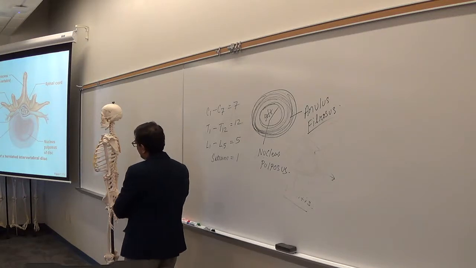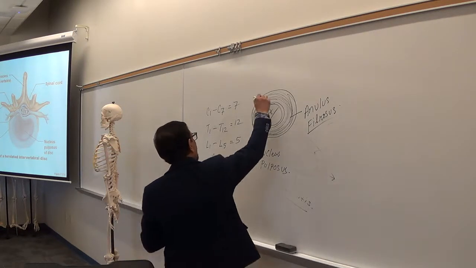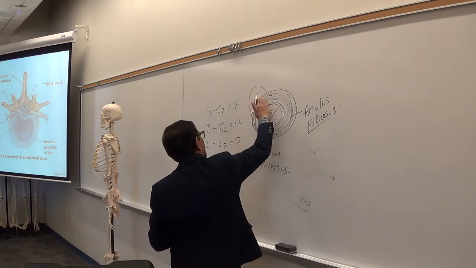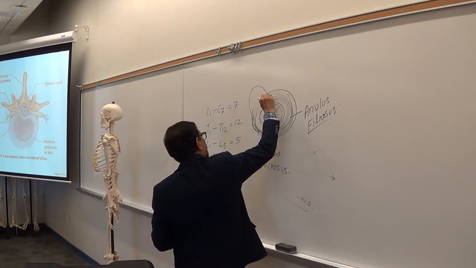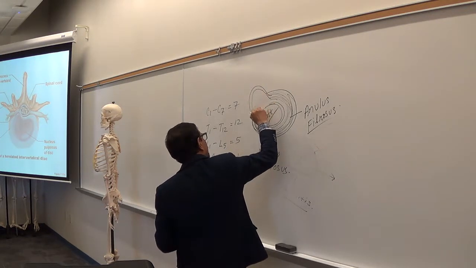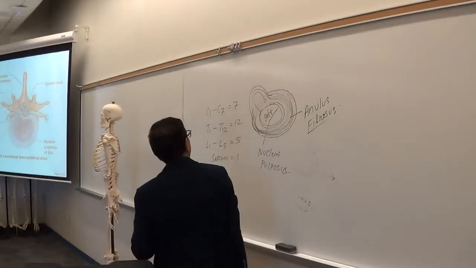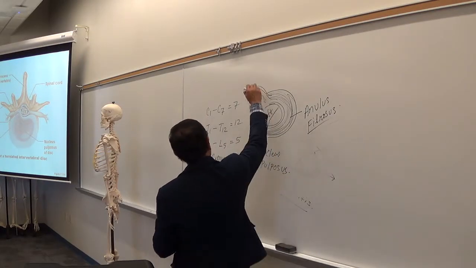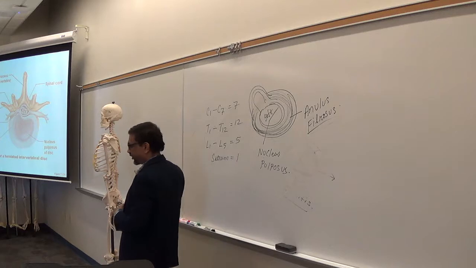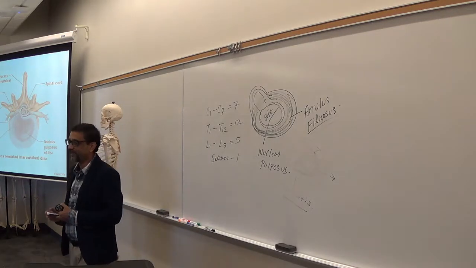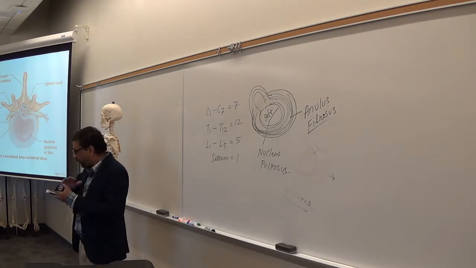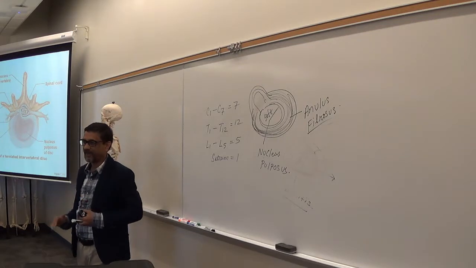So a portion of the intervertebral disc may pop out, and that is called a herniated disc or slipped disc. Makes sense, right? Pushed outwards.